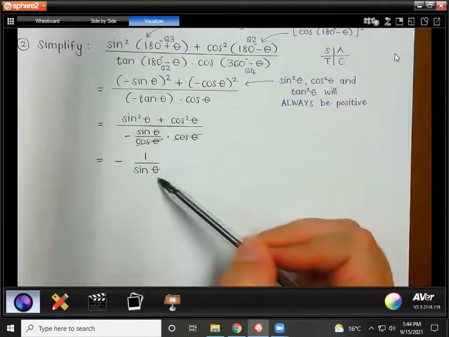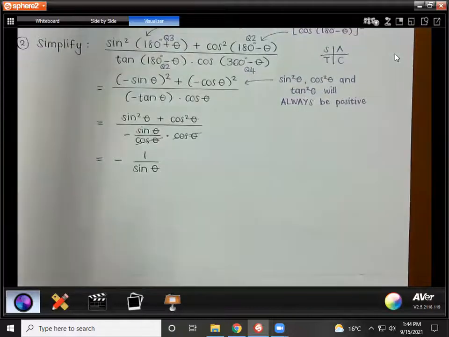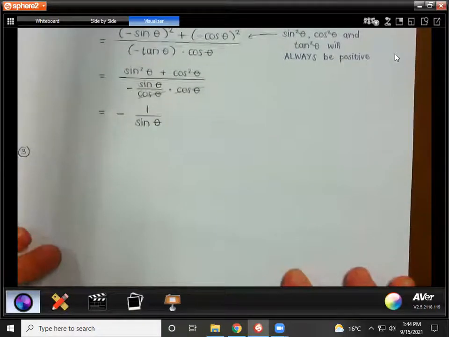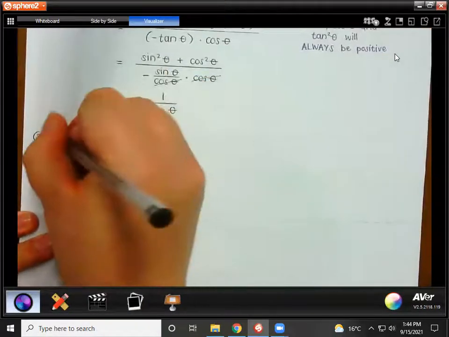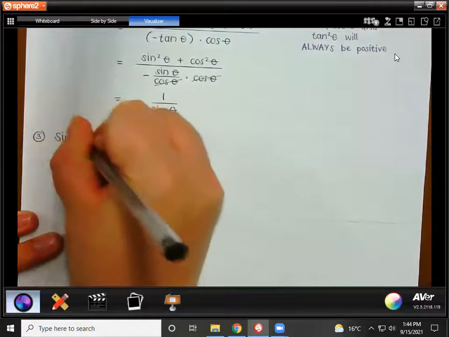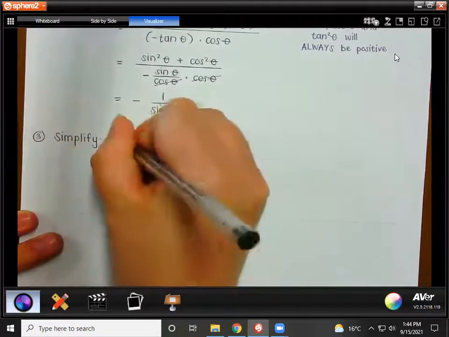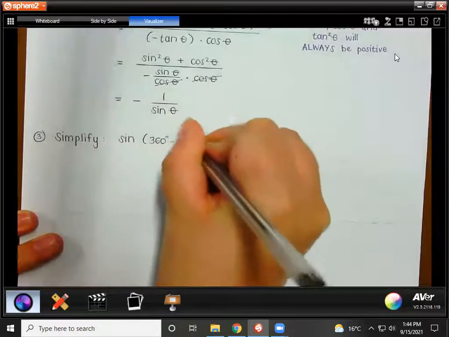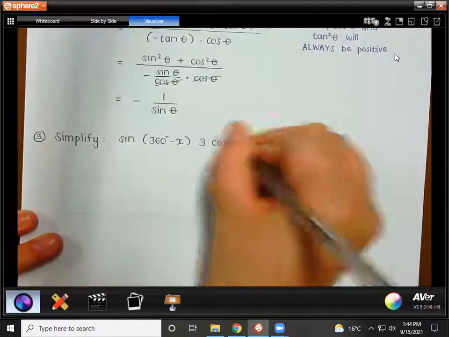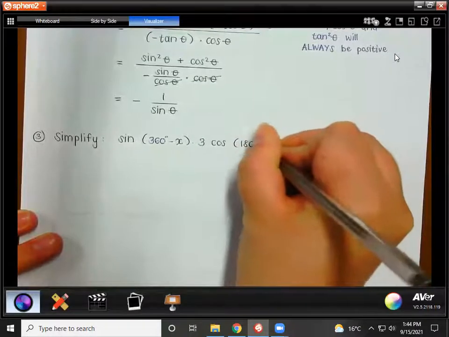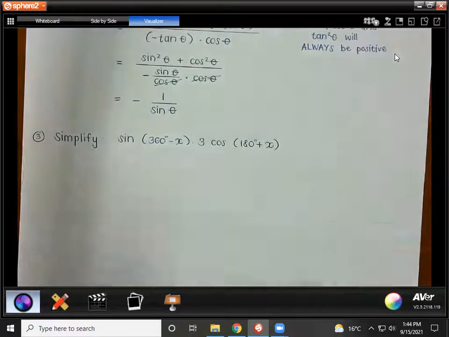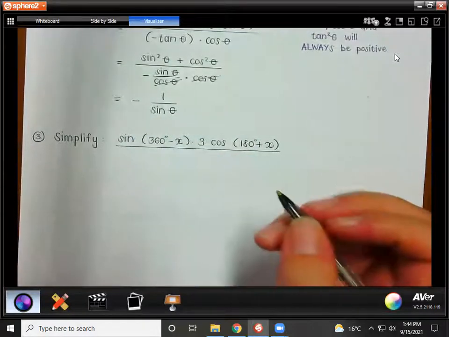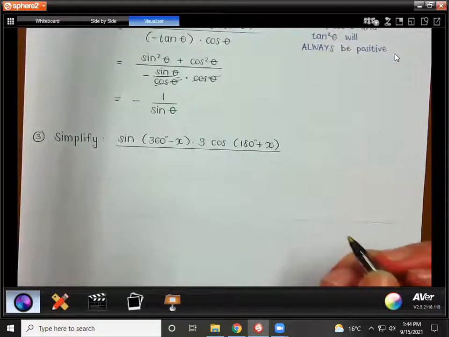And then at the bottom, I had negative sine theta. Okay. Let's do another one quickly. I actually want you guys to try this one on your own, and then we'll mark before I give you work to do. Sorry, I'm just checking.